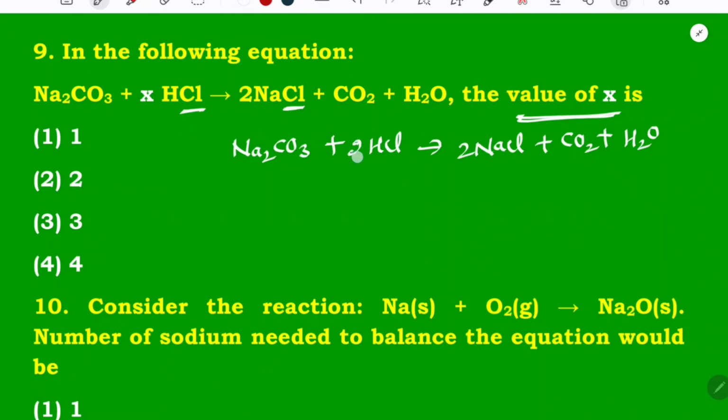So you have to keep 2. Then you can check whether hydrogens are balanced or not. This side 2 hydrogens, this side also 2 hydrogens. 2 chlorines here, also 2 chlorines here. So everything is balanced. So the answer is X is 2. Okay. Next question.